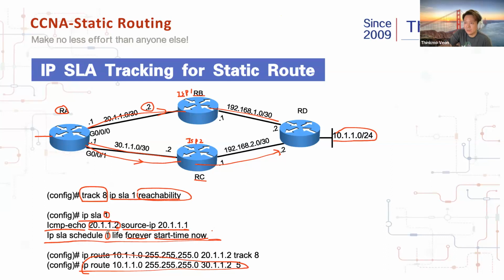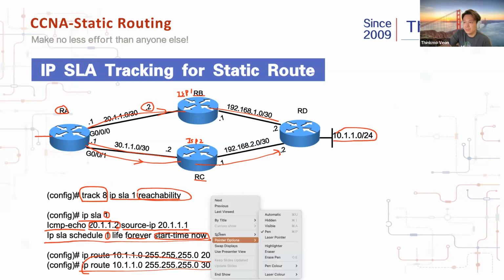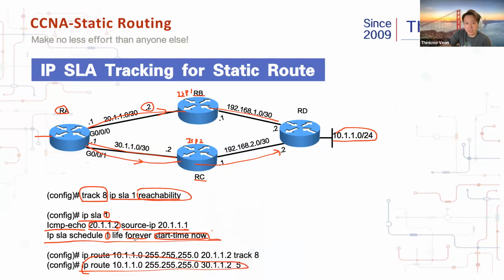So this checking will always be on, and the start time will be now. Okay, understand? So the main purpose of this IP SLA command is basically to track the reachability of this next hop. If the next hop fails, that means this static route will not work anymore. Then the next static route will take over as a backup.